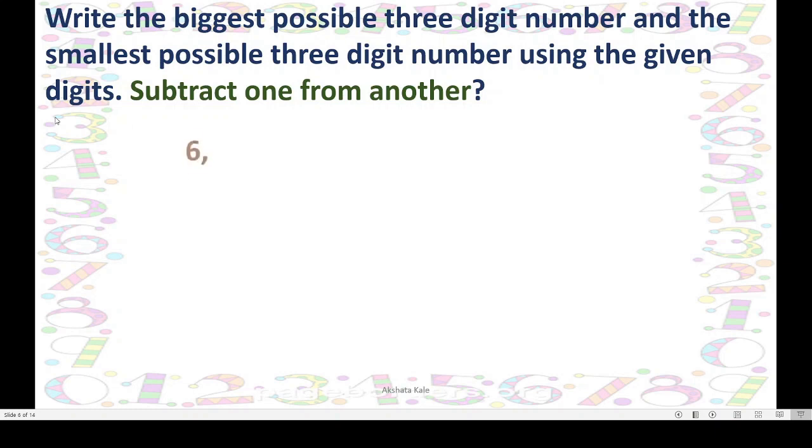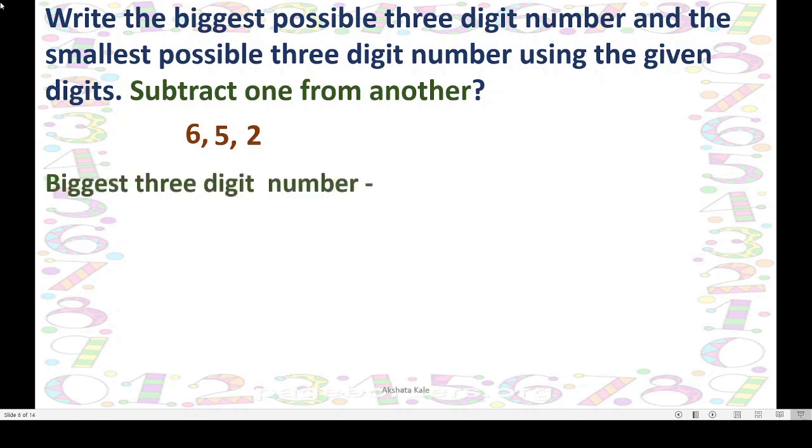Yes, dear children, see, these 3 digits are given, that is 6, 5 and 2. Now what are we going to do? We are going to find out the biggest possible 3-digit number by using these 3 given digits. Okay, we will write here biggest 3-digit number.